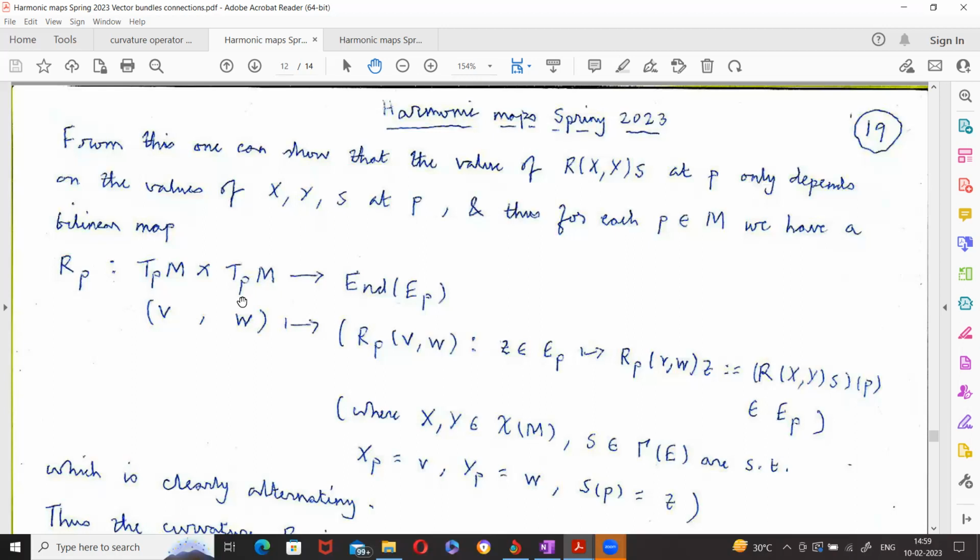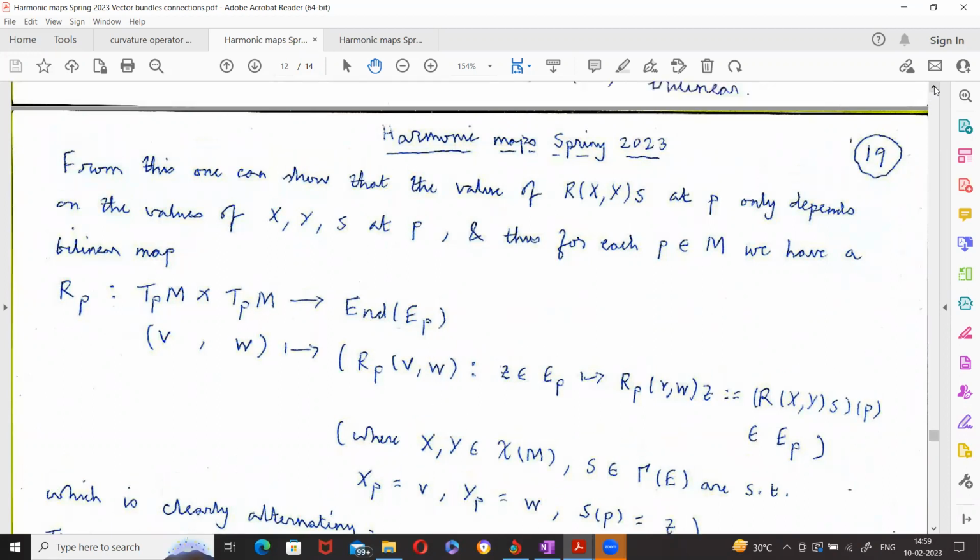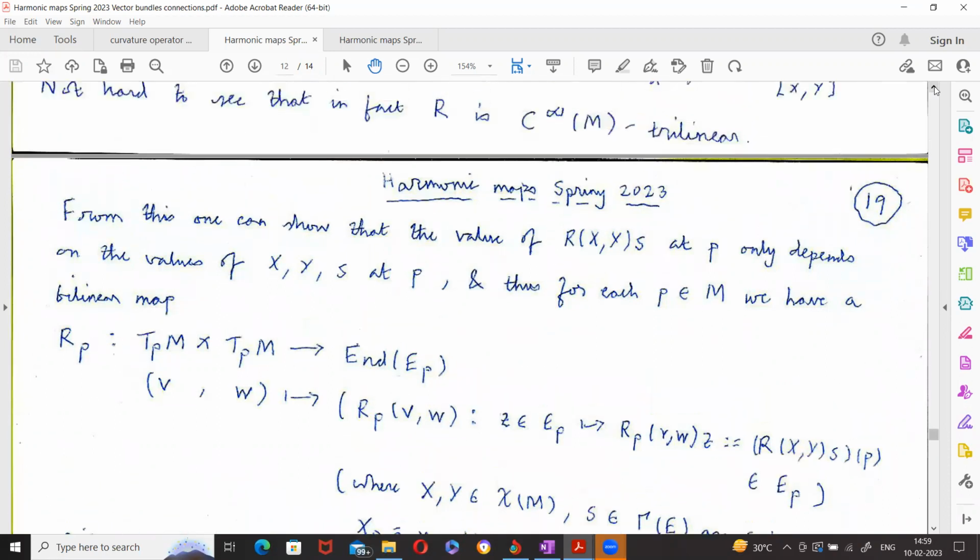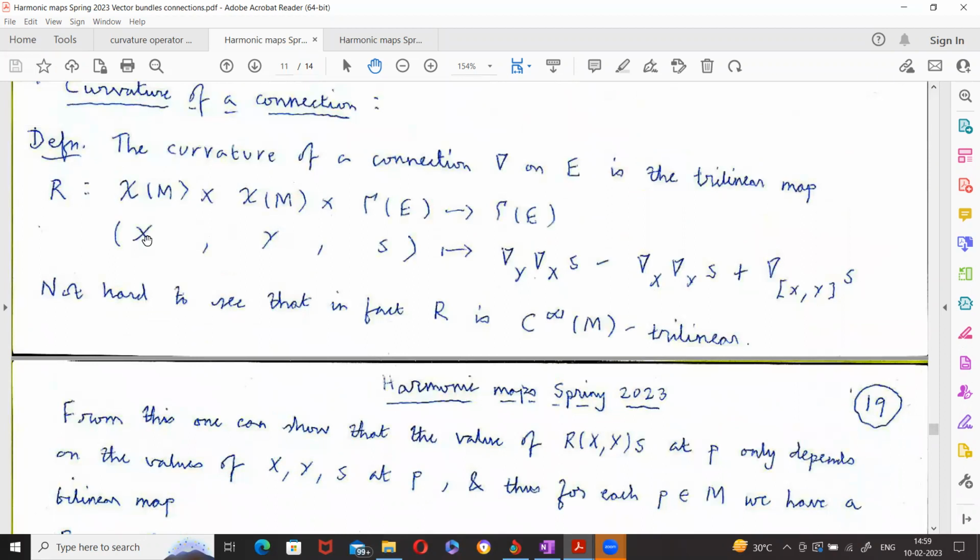Okay, so the curvature is now giving a bilinear map from the tangent space cross itself to the space of endomorphisms of the fiber. Okay. And this map, you can easily see it's alternating in V and W, right? Because if I interchange X and Y here, then this changes sign, right?